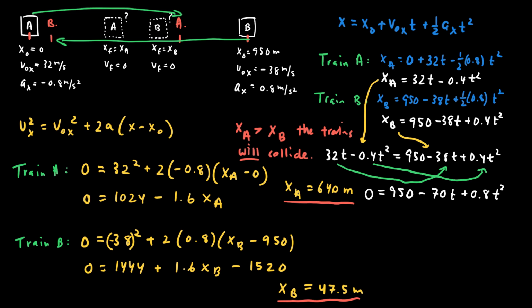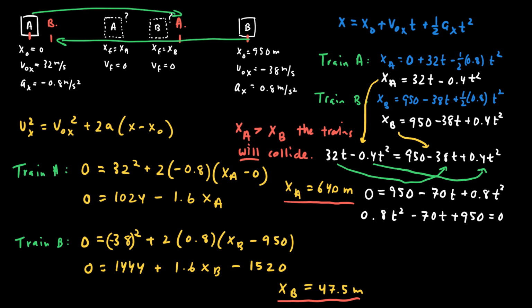And if you haven't identified it already, this is a quadratic equation, right? If you're picky, I could write 0.8t squared minus 70t plus 950 equals 0.